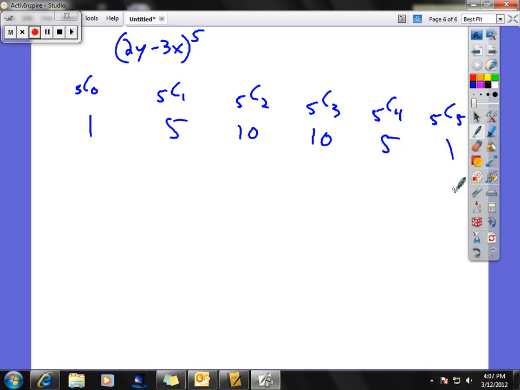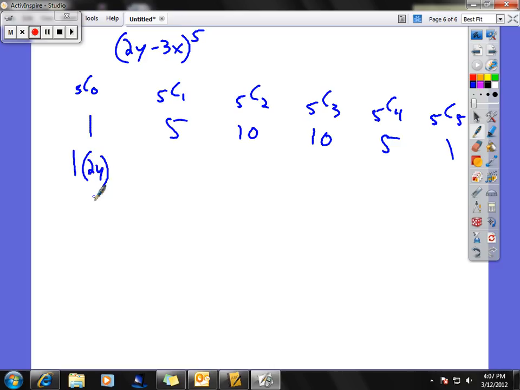But now we have the situation where it's not just an x and a y. We have coefficients in front of those, and we have a negative sign. So let's just take this step by step. This first coefficient is going to be 1. Now I'm going to use parentheses here. 2y. That is now my first term.